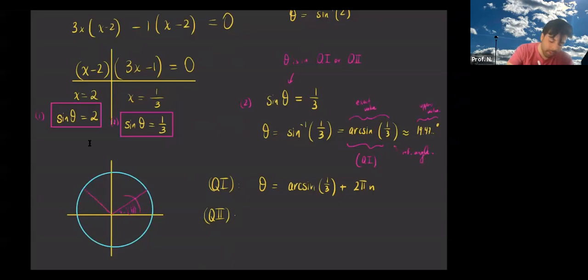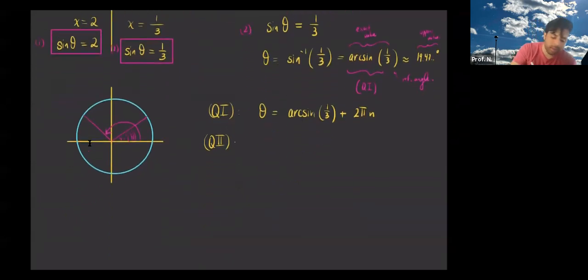This angle is going to be pi minus arcsine of 1/3. It's pi minus the reference angle. This angle is in quadrant 2.